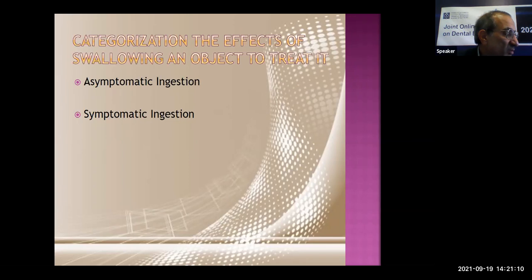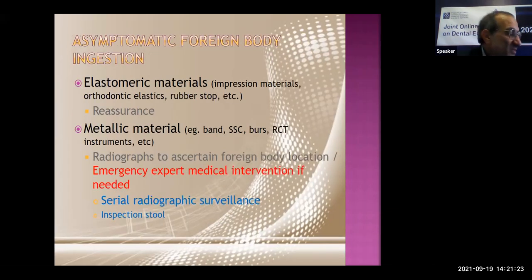To treat a solid object during a dental procedure, it must be categorized according to the symptoms: asymptomatic ingestion and symptomatic ingestion. If there is no symptom, it is asymptomatic foreign body ingestion, and we categorize it by object type. If it is radiolucent and elastomeric material, only reassure the patient that there is no problem.